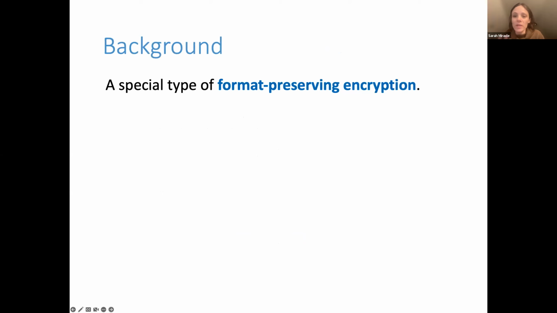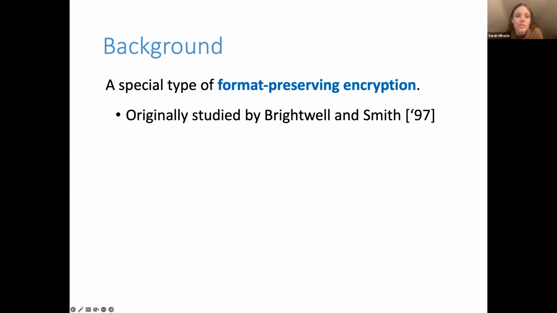All right, so I'm going to give a little background on this problem and then discuss our new algorithms. You can think of sum preserving encryption as a special type of format preserving encryption. There's been a lot of work on format preserving encryption. It was originally studied by Brightwell and Smith in '97.